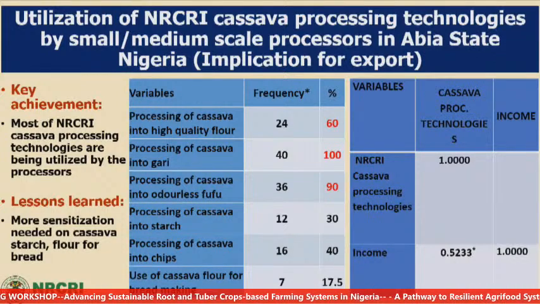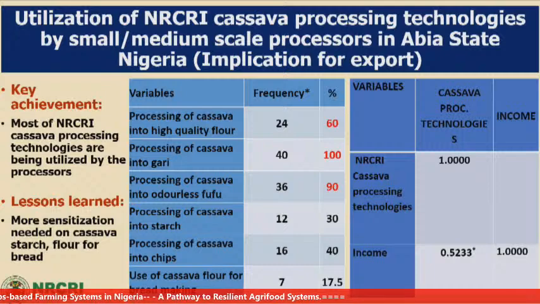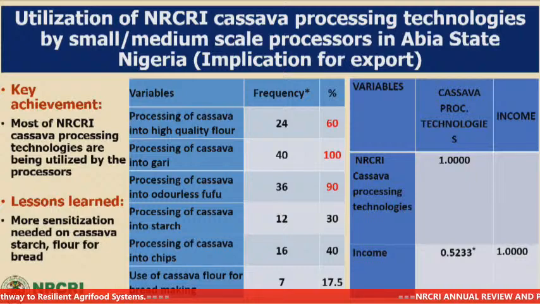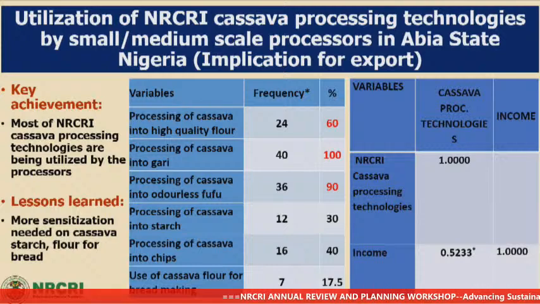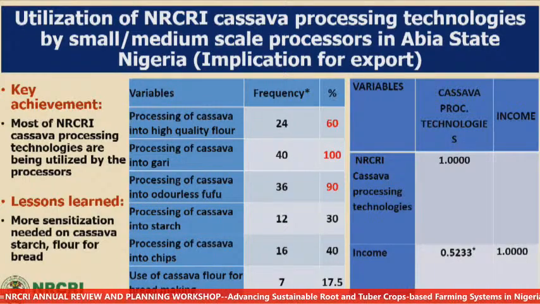Then we also wanted to know if these farmers are actually generating income using these cassava processing technologies. And the answer we got was yes, because from the findings we can see a positive correlation between the income generated and the cassava technology. So the key achievement is that most of our cassava processing technologies are being utilized by the processors.